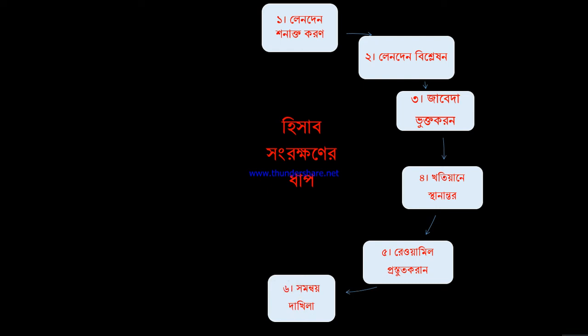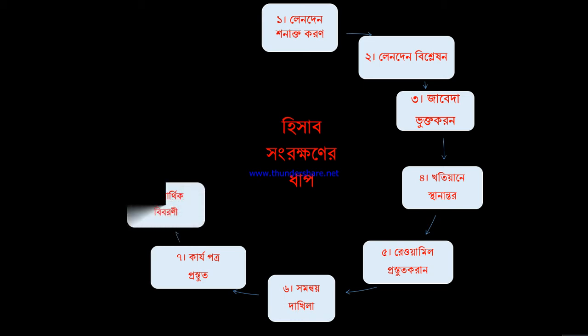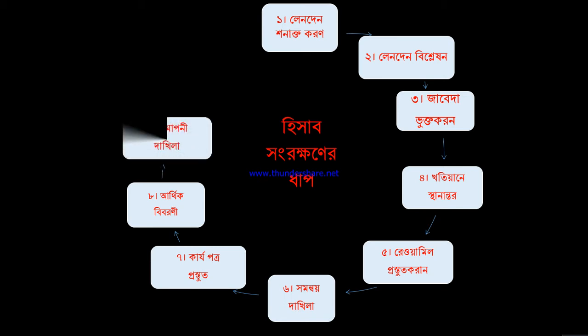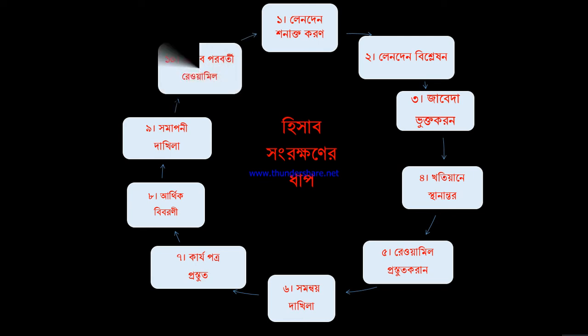Number six, adjusting entries. Number seven, preparing a worksheet, though it is not compulsory. Number eight, financial statements. Number nine, closing entries. Number ten, post-ledger trial balance.